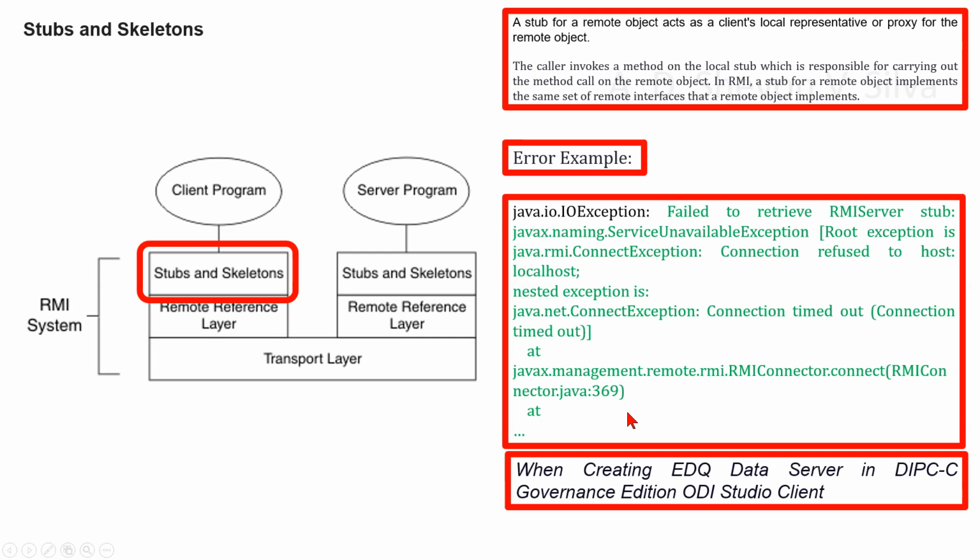Connection refused to host: localhost. Nested exception is java.net.ConnectException. Connection timeout at javax.management.remote.rmi.RMIConnector.connect, RMIConnector.java, etc.